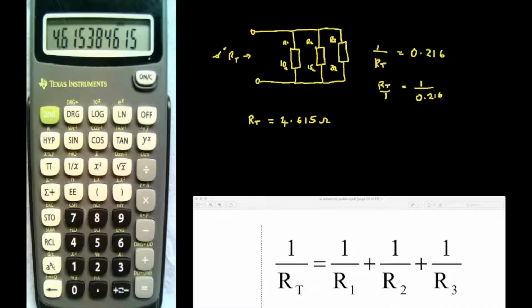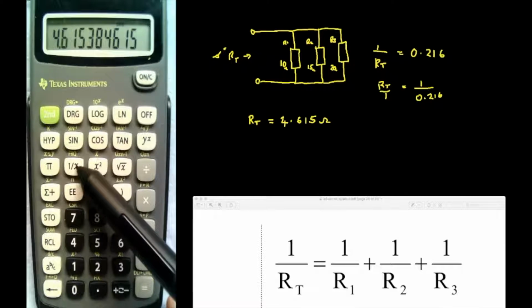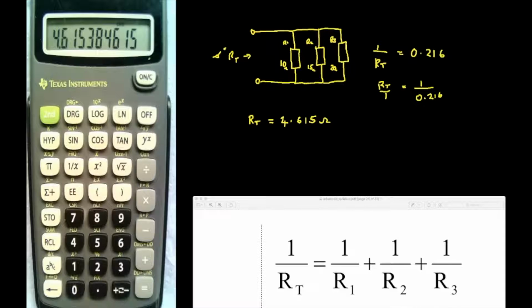So to recap on that, where we have resistors in parallel, and we need to find out the total resistance of the resistors in parallel, or the equivalent resistance, we need to use the formula 1 over RT equals 1 over R1 plus 1 over R2 plus 1 over R3, etc. We put in the values of R1, R2 and R3, and we use the reciprocal key, 1 over X key, to give us 1 over R1.